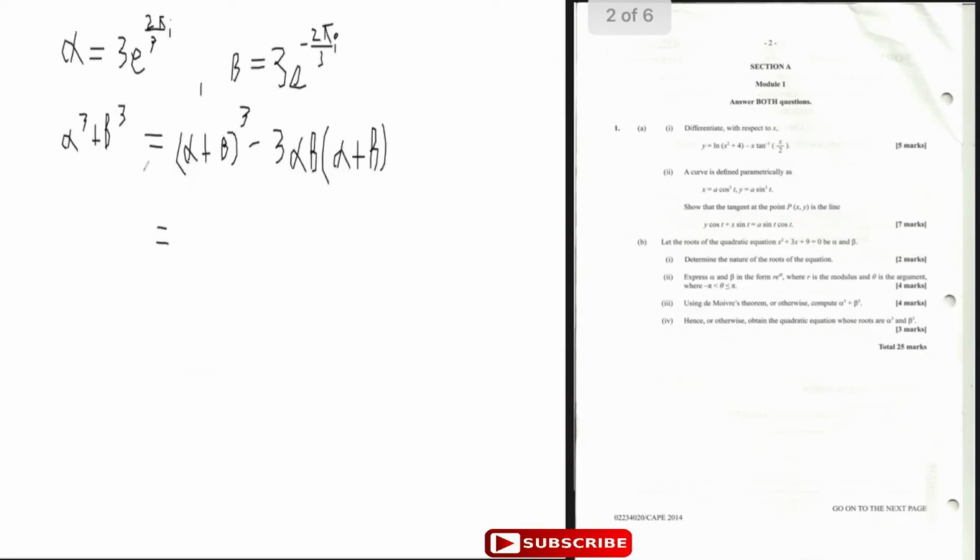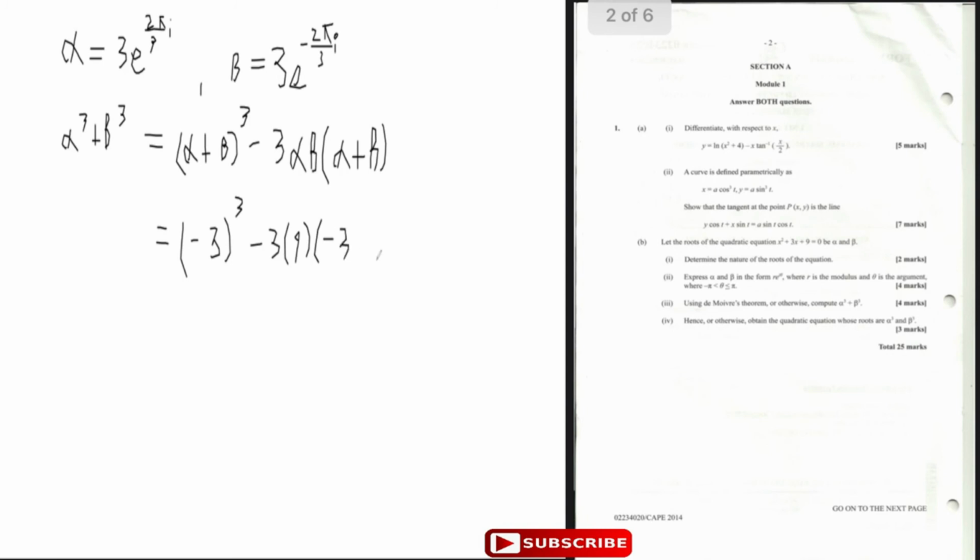So alpha beta is 9. So we're done already. We don't need to be working through so much complicated stuff about De Moivre's theorem. So alpha plus beta is just minus 3 cube, minus 3 alpha beta, which is 9, times alpha plus beta, which is minus 3.